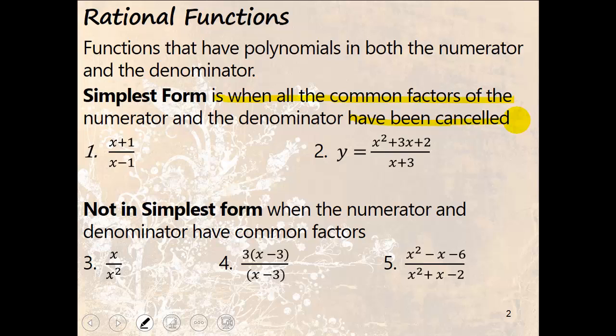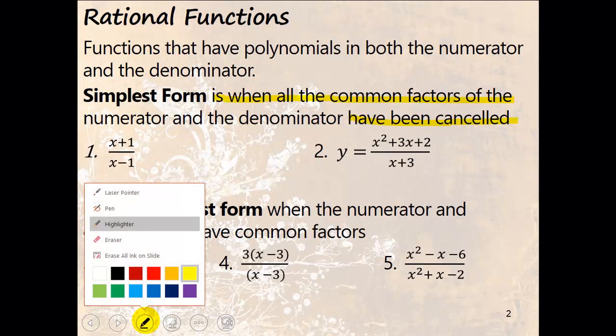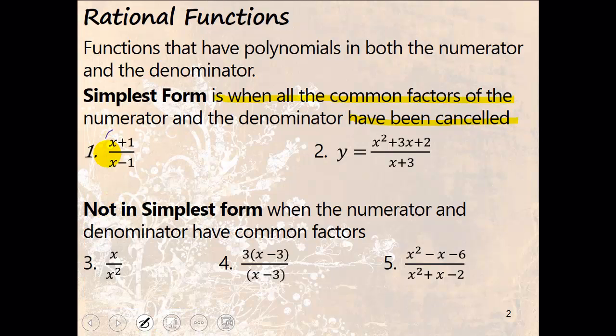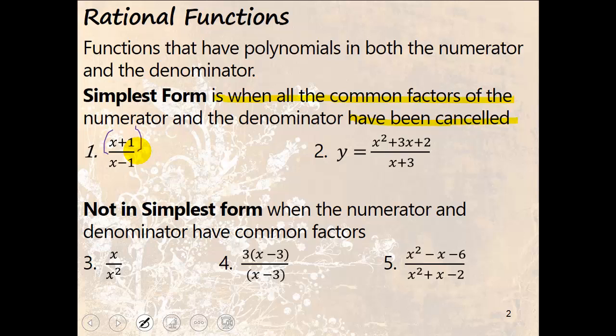If you look at expression 1 here, notice that I cannot, and I know that we like to and really want to, separate the x and the 1 in the numerator, or the x and the 1 in the denominator. Those are not common factors because one is a plus 1 and one is a minus 1.